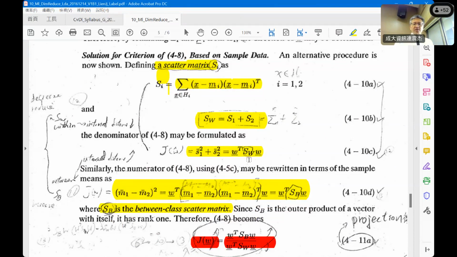就这个。What's SW? SW equal to S1 plus S2. What's S1?